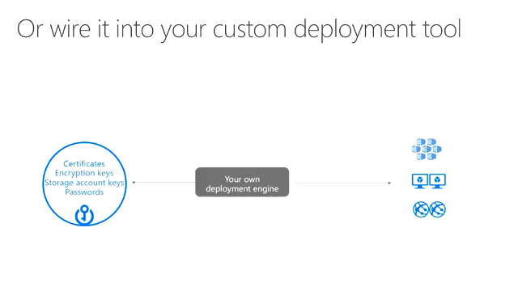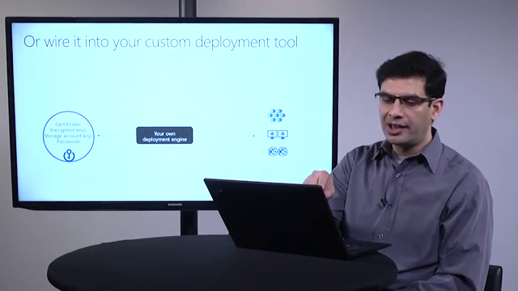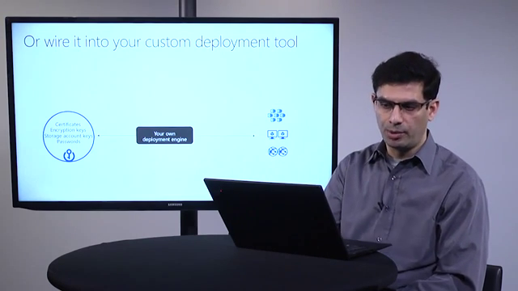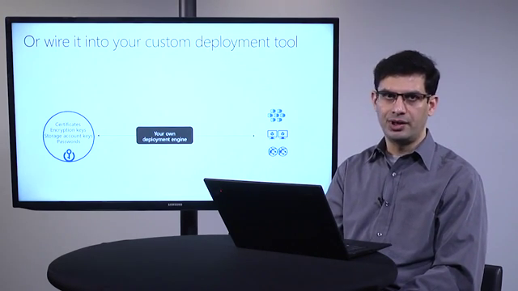The other thing is, it's highly likely that if you are a large development team, you have your own deployment engine. You're not really starting from scratch by deploying individual VMs or individual web apps or individual containers. In that case, one thing you could do is to modify your deployment engine to do exactly what Azure Resource Manager did earlier, which is you could authorize your deployment engine to read secrets from your key vault, for which your deployment engine needs an Active Directory service principal.